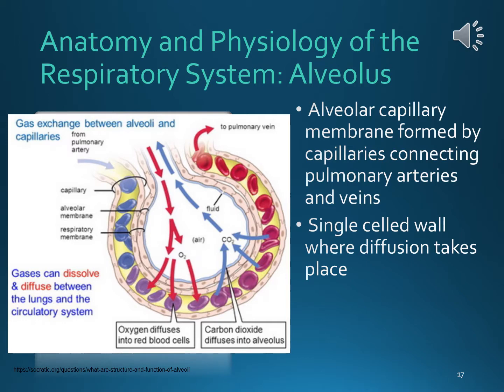There's more carbon dioxide in the venous blood than there is in the inhaled air, so it goes from the blood into the air. There is more oxygen in the inhaled air than there is in the venous blood, and so the oxygen goes from the inhaled air into the blood, and that's how the gases are exchanged.